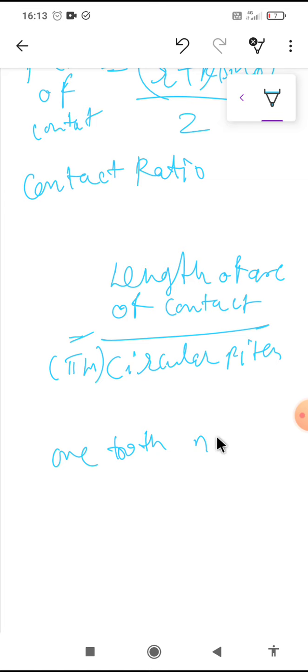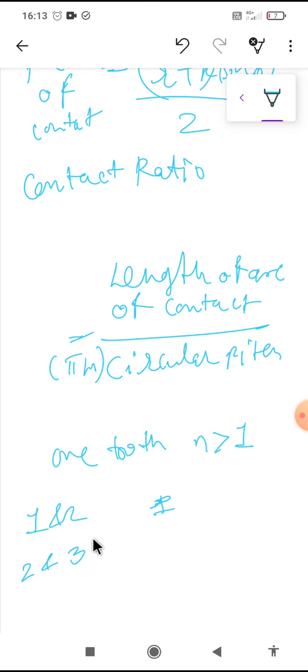If n lies between 1 and 2, then the number of teeth in contact at any time will not be less than 1 and will never be more than 2. If n lies between 2 and 3, it is never less than 2 pairs of teeth and not more than 3 pairs, and so on. This is the meaning.